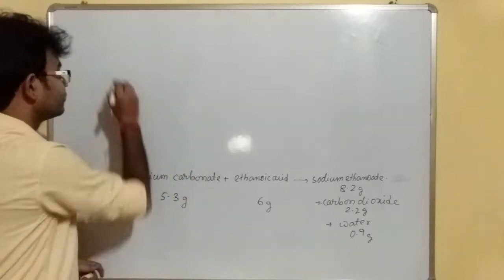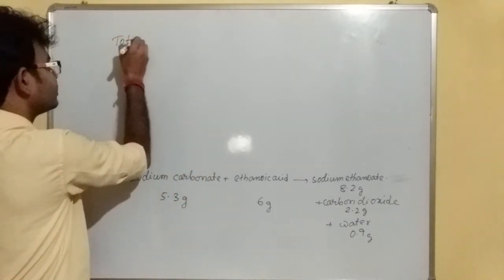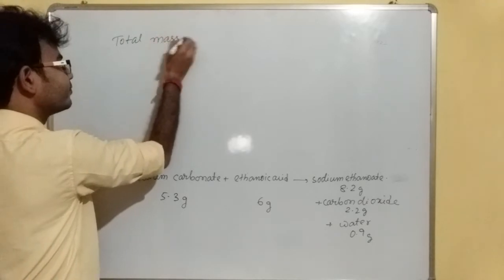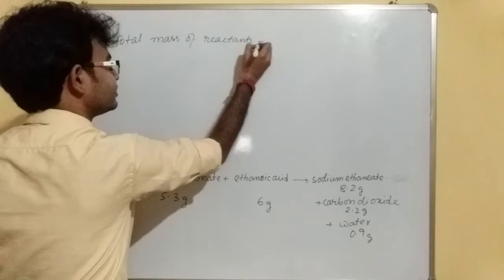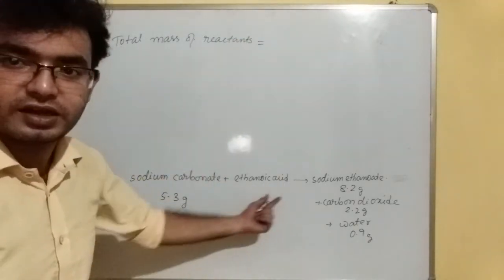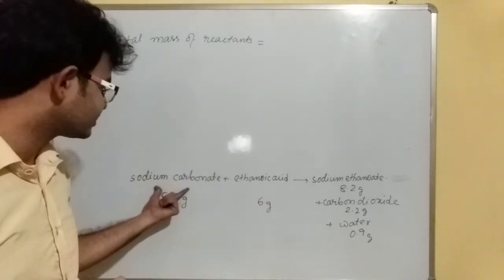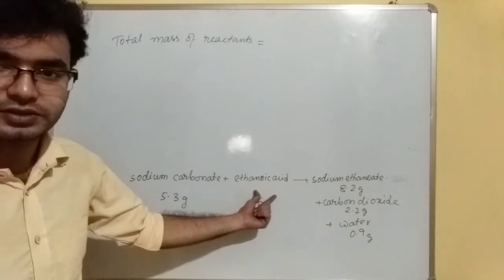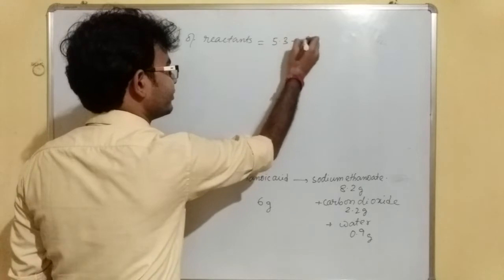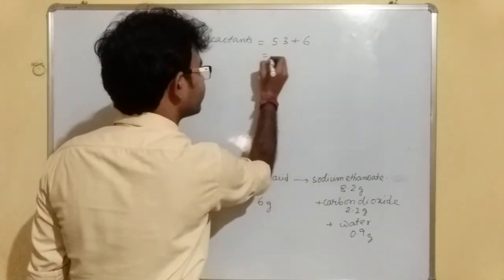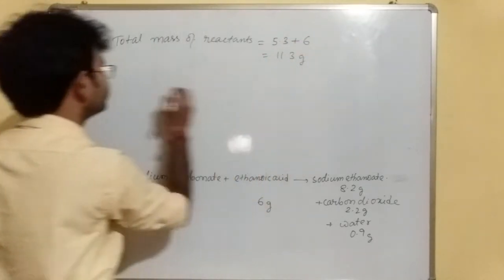So first we have to calculate the total mass of reactants. As we know, reactants are present at the left side of the yield line, so here the reactants are sodium carbonate and ethanoic acid. The amount of sodium carbonate is 5.3 and ethanoic acid is 6. So the total value is 11.3 gram.